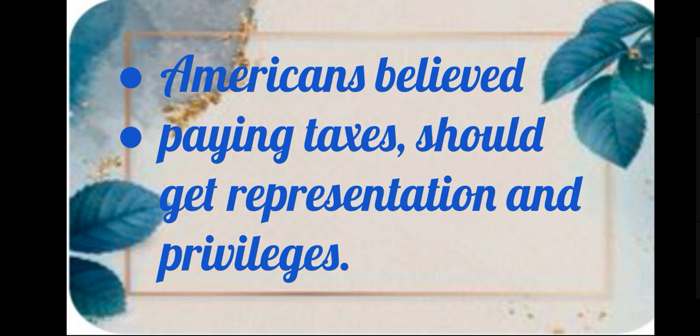While Americans believed that if they paid taxes, they should also have similar privileges as the British and have representation in the parliament. So these were the reasons why the American Revolution had been done.